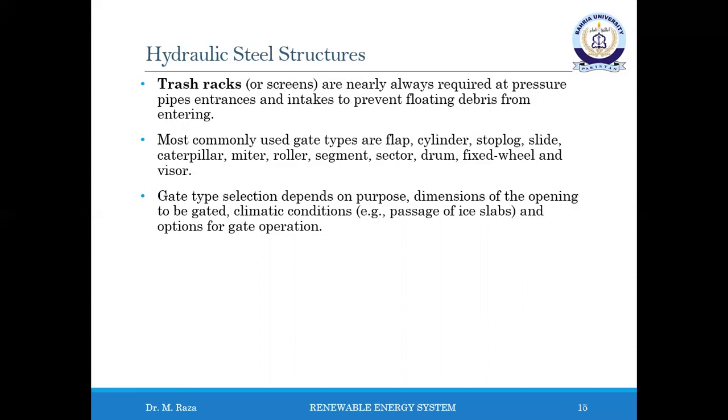Each gate type is unique in terms of purpose, movement, water passage, leaf composition, location, and skin plate shape. Gate type selection depends on purpose, dimension of the opening to be gated, climate condition, that is passage of ice slab, and option for gate operation.